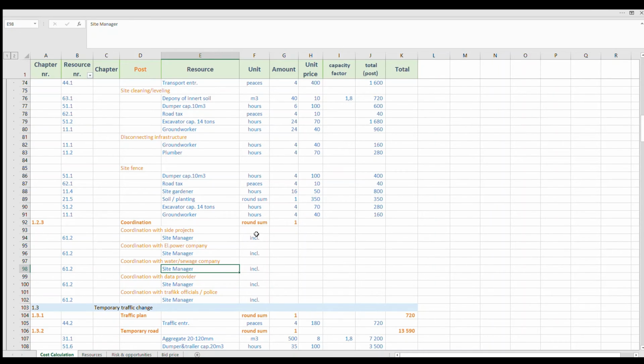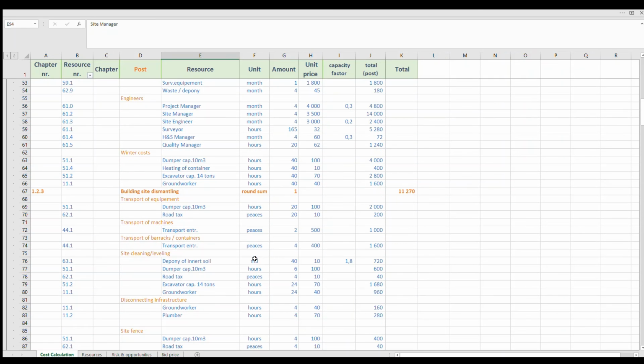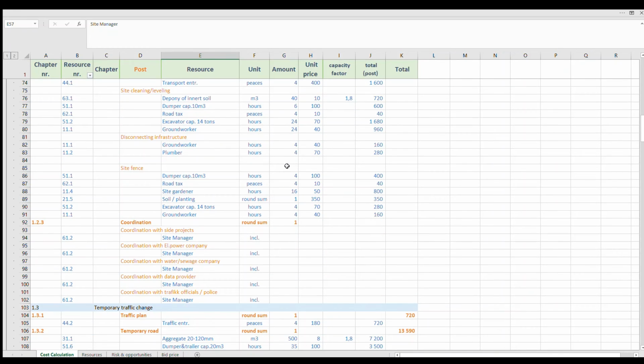So you have to think about these things. Actually, it's usually the job of the site manager, and I just wrote it here. It's included in these 4 months for the site manager. But if it's not, maybe it can be clever to use a little bit of hours here.